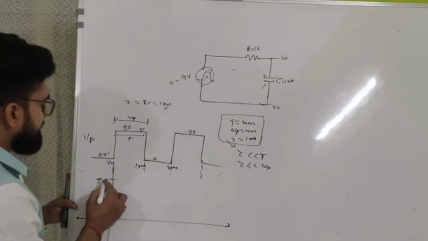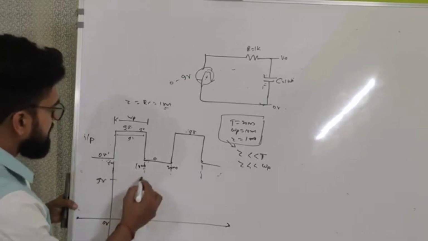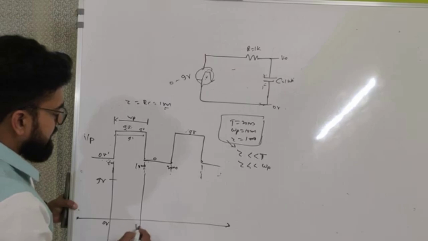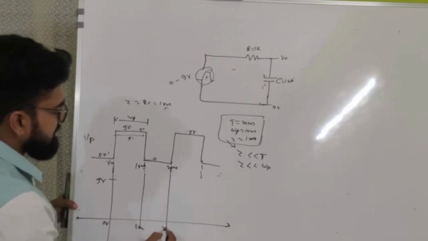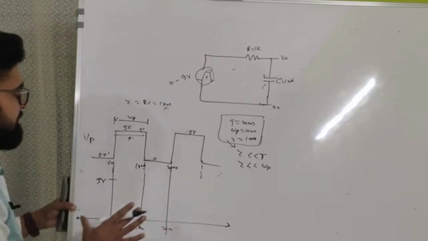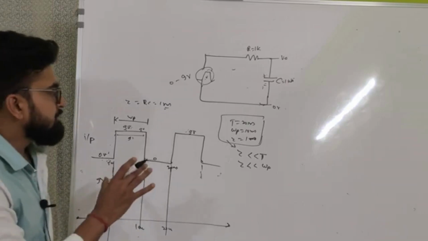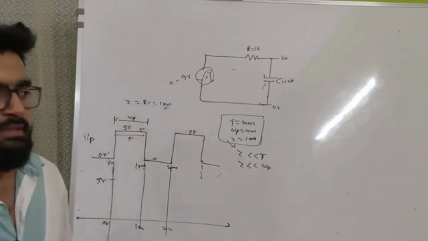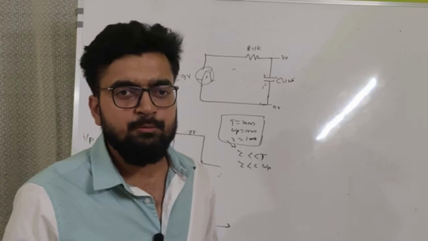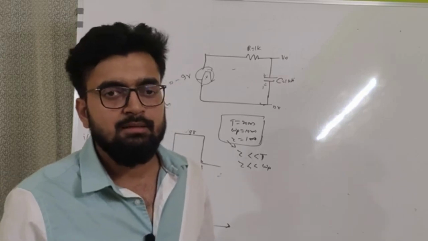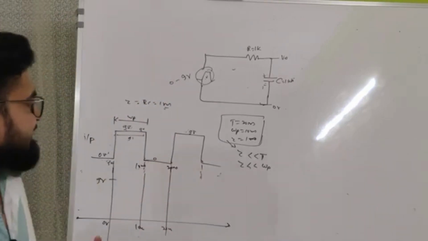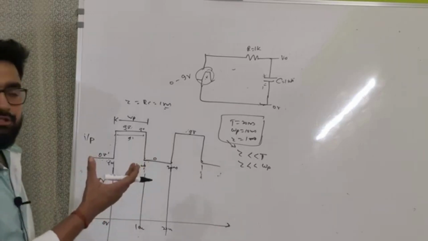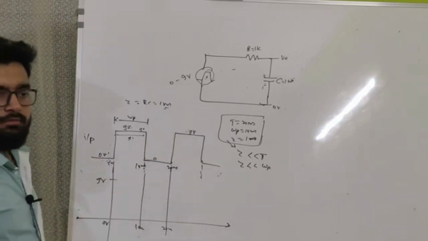So what we have is 9 volt maximum, 0 volt, and 10 milliseconds. Here we have 20 milliseconds, so on. This is the one time period, right? So if tau is 1 millisecond, it means it will charge almost 63.2% of the total voltage in 1 millisecond, right? So it takes around 4 to 5 time constants to completely charge and settle down.